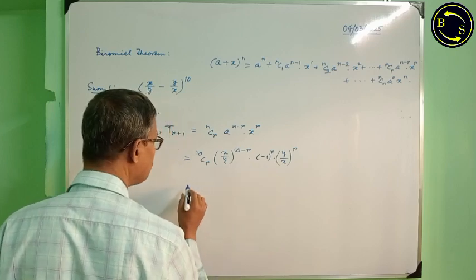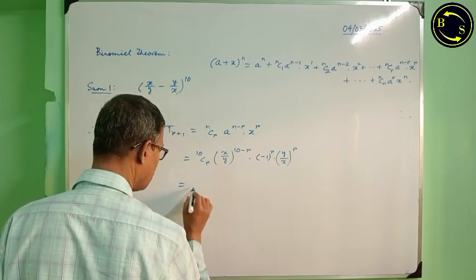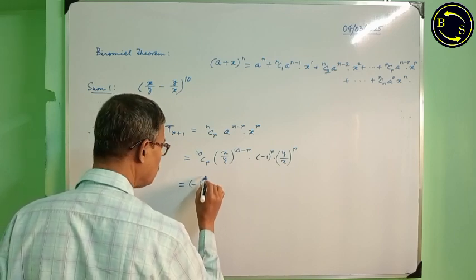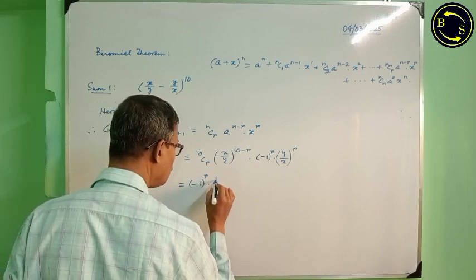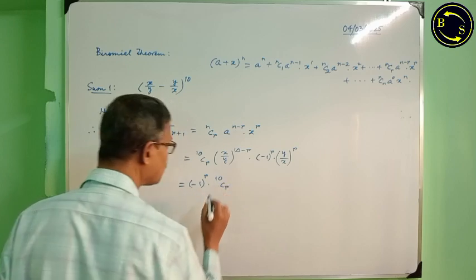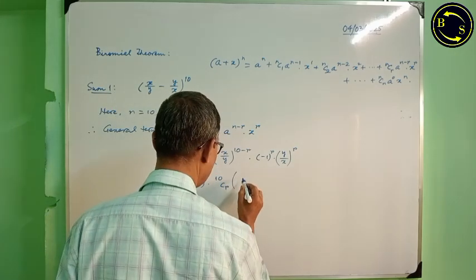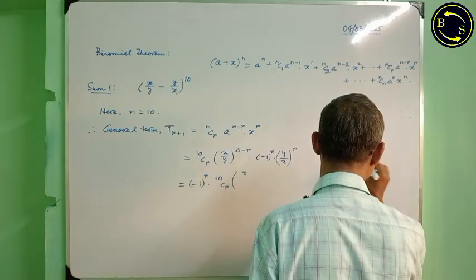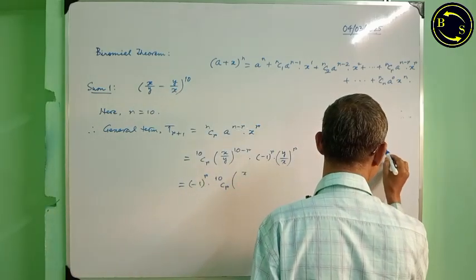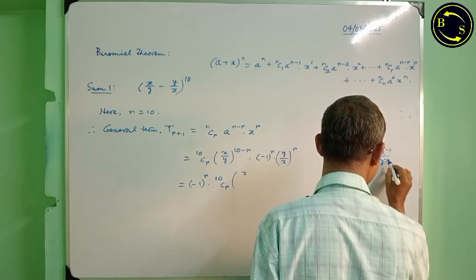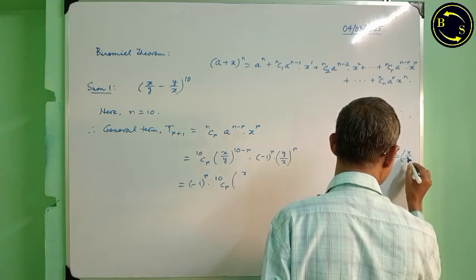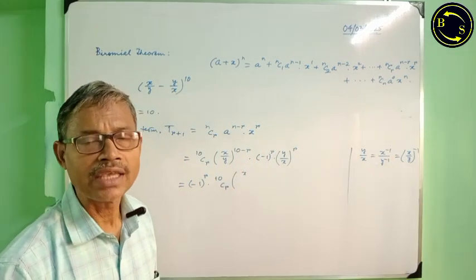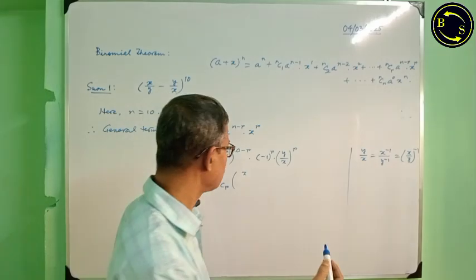Now let us simplify. I write this one in front, minus 1 whole to the power r into 10 C r. Y by x, that means x to the power minus 1 by y to the power minus 1, that means x by y whole to the power minus 1. We can write y by x as x by y whole to the power minus 1.